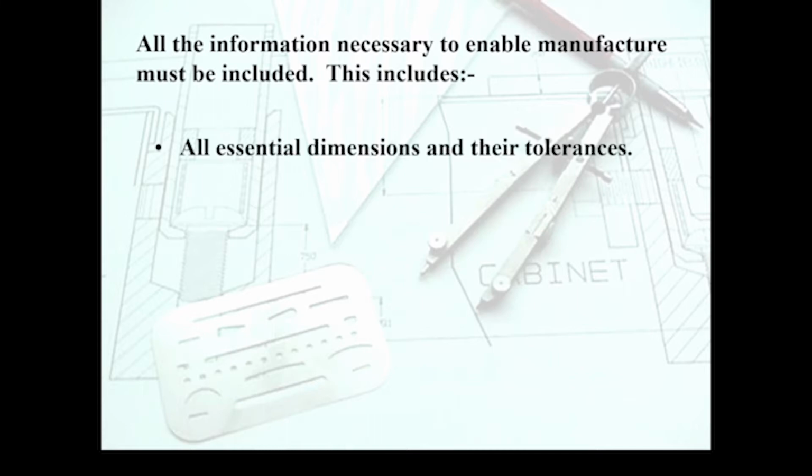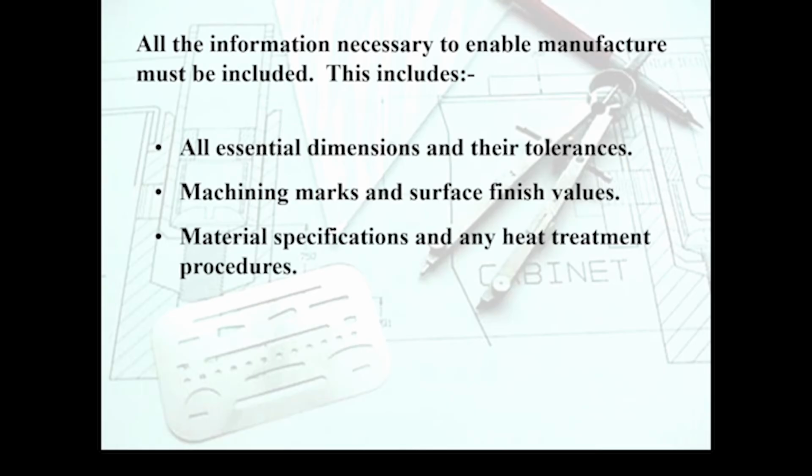So what is that information? First of all, it's all the essential dimensions and tolerances. I think this is the obvious one. You have to communicate how big things are. If there are any special machining marks, or you want it finished in a certain fashion, you need to specify that on the detailed design.